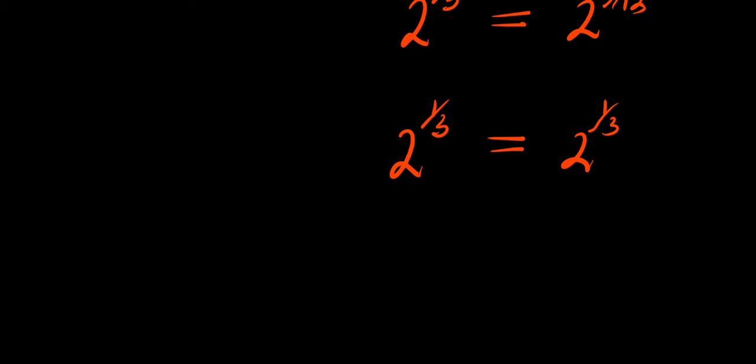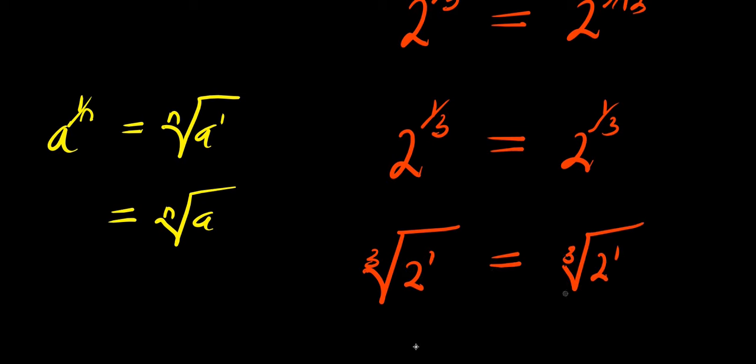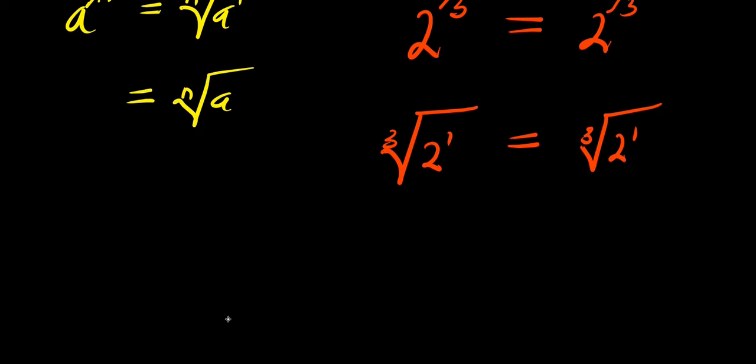Now we can also consider this identity to simplify this further. If you have a power 1 over n, this equals the n-th root of a power 1, which is the same thing as the n-th root of a. So let's apply that here. You will have the cube root of 2 power 1, and 2 power 1 is 2.